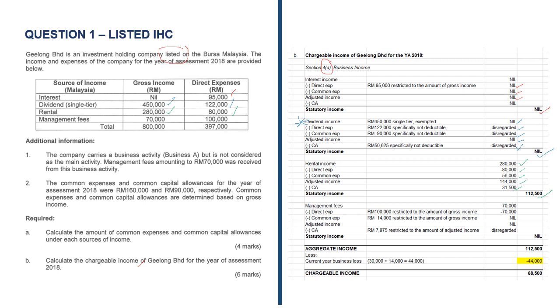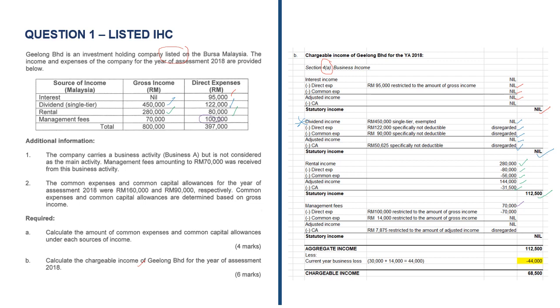This one, cara kita treat rental income for listed REITs. Okay, last one, kita ada lagi satu, management fee, 70,000. So, management fee sebanyak 70,000 here. Direct expenses that related to management fee 100,000.